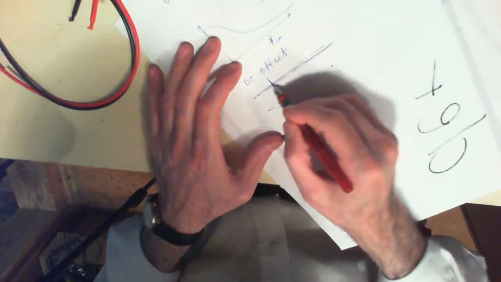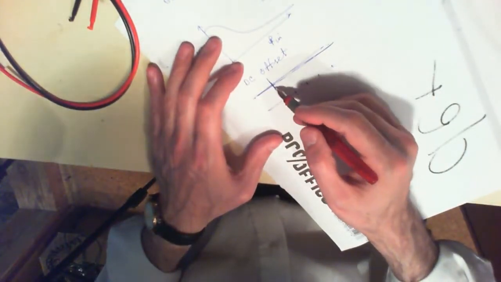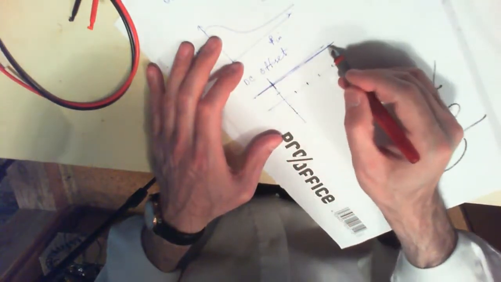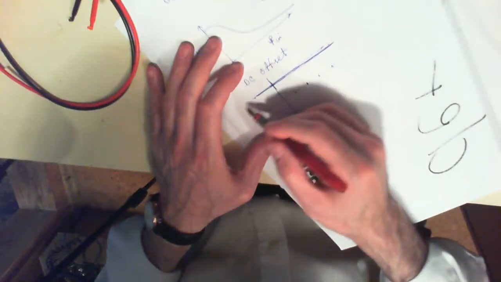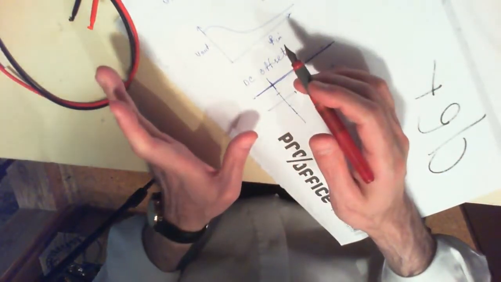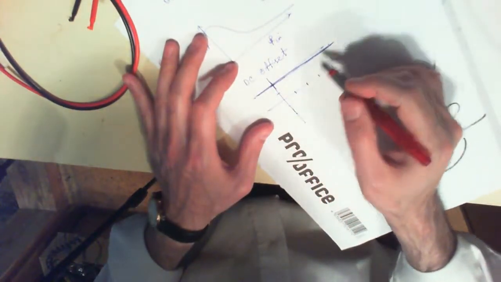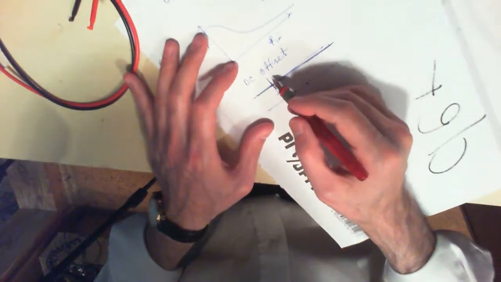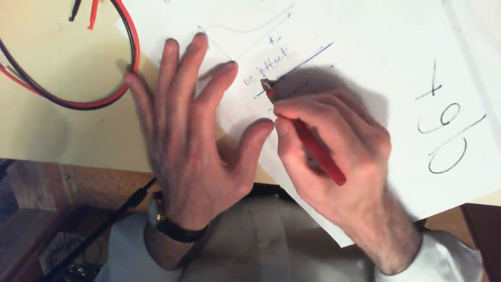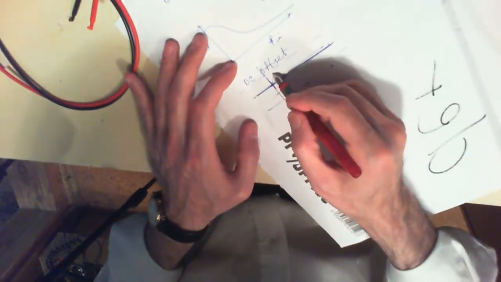Let's say your volts per division is set to 5 volts per division, so then 10 volts would be right over here. Then you can have an AC signal riding on top of this DC signal, and that would look something like this.